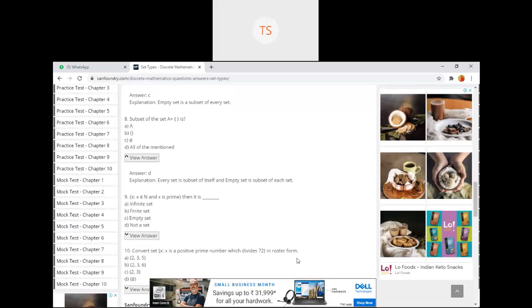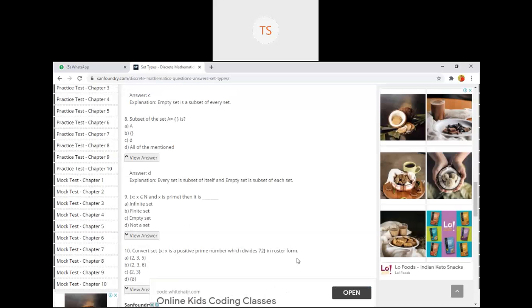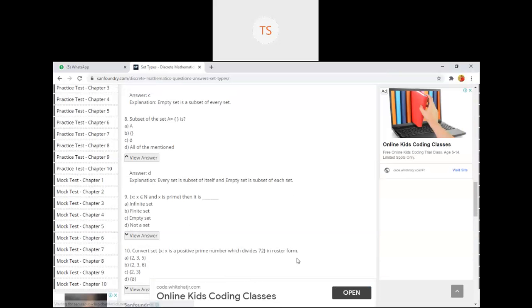Now question number 9. X belongs to capital N and X is a prime, then it is a finite set, infinite set, empty set, or not a set. Which is the correct option? X is a natural number and X is a prime. So how many elements will you get for that particular set?